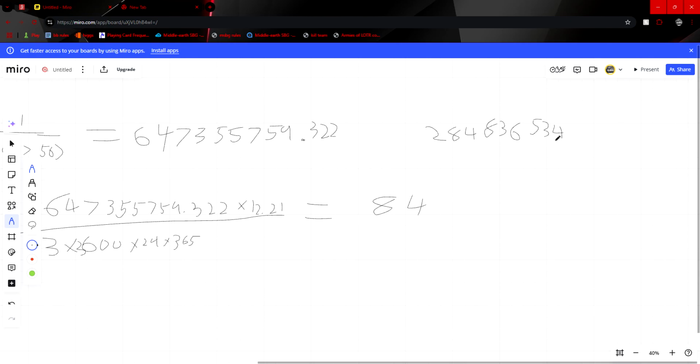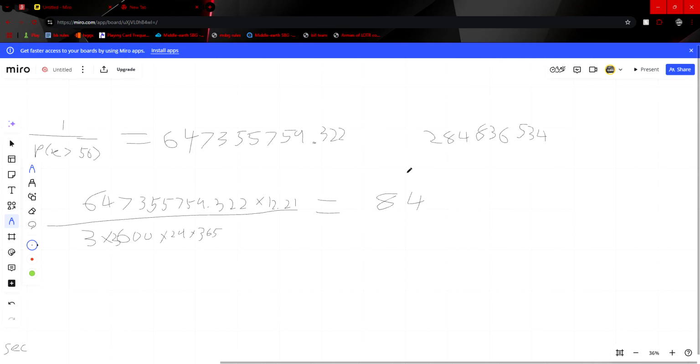So that's significant. This would be for the current record, so the person currently has. And let me just quickly stick that into my calculator. 8436,534 times 12.21 over 3 times 364 times 365. So that's only equal to about 37 years, so significantly less.